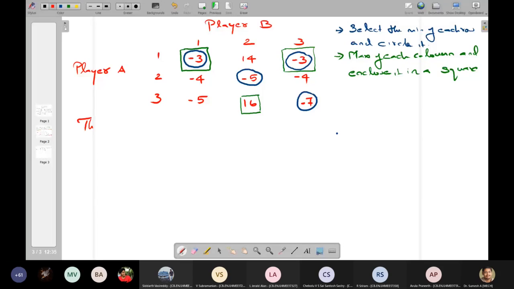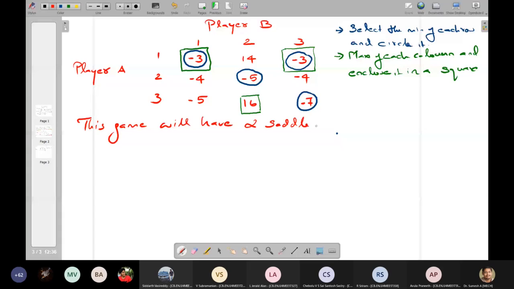Am I right? And 1, 3. So the best strategy for player A is 1.